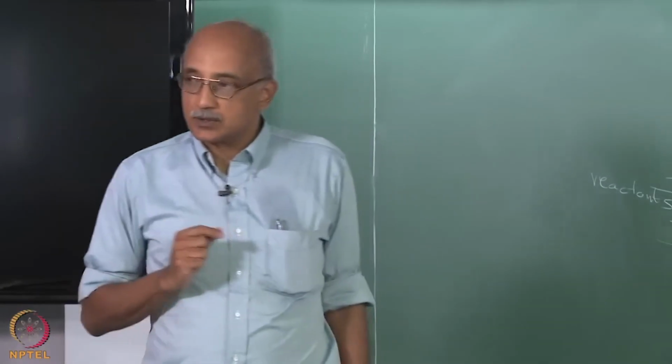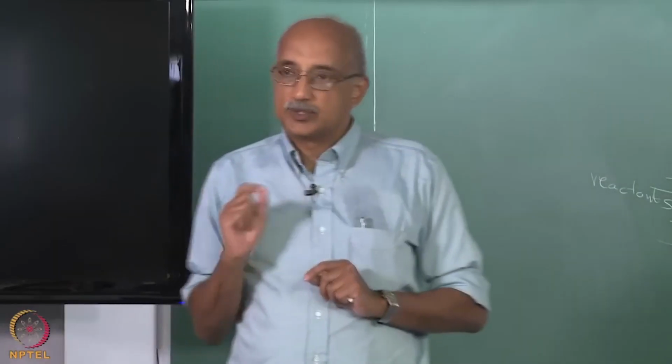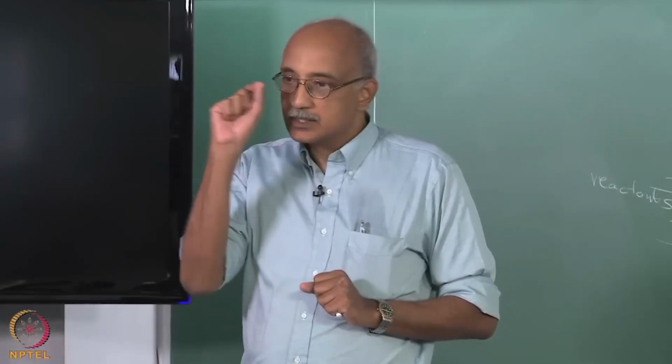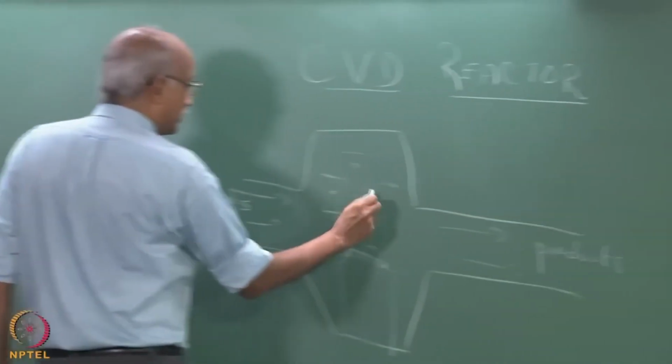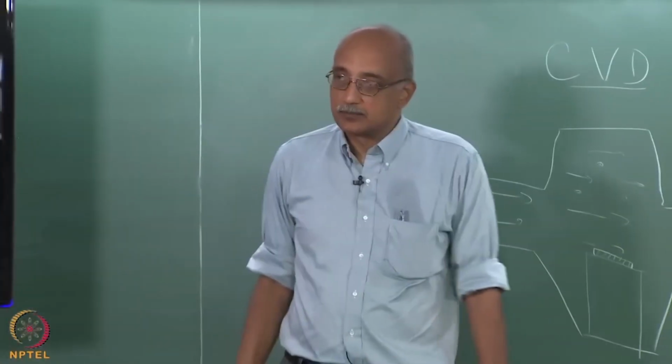So, that helps. Because in a CVD reactor you do not want homogeneous nucleation to happen. You do not want little silicon particles forming here, here, here, and then trying to deposit on the substrate.